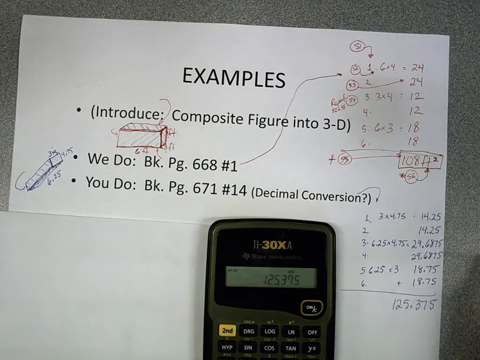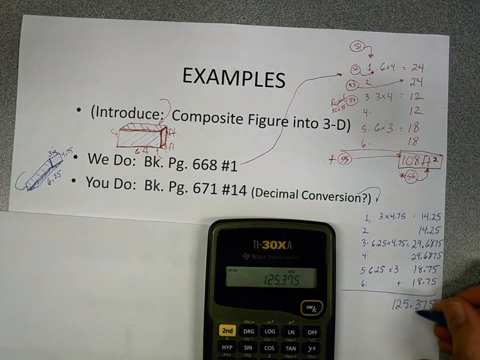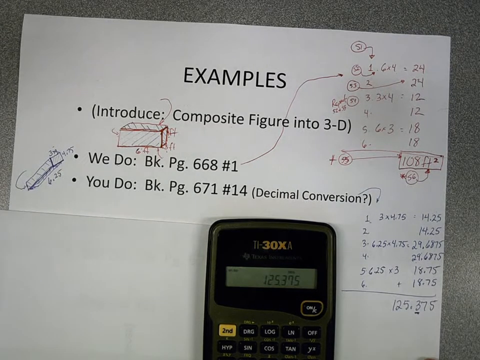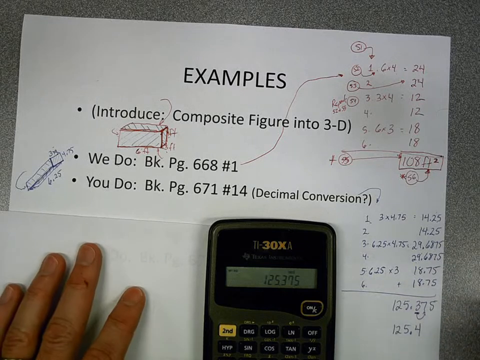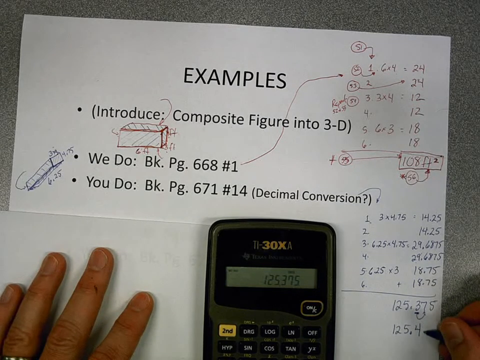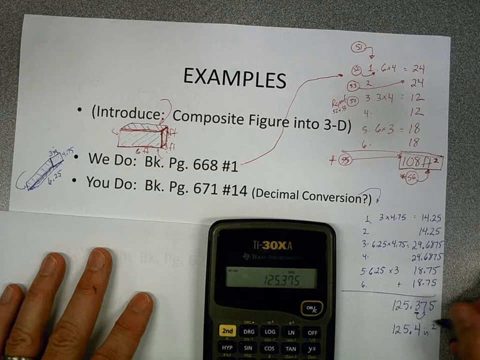And when it's ugly like that, we're going to want to make sure that we find out what it says. Round to the nearest tenth if necessary. Well, it is necessary. So, of course, I need to round. 7 makes the 3 go up, so we end up with 125.4. And can't forget our units. It was all in what? Inches, right? So, inches squared, or squared inches.